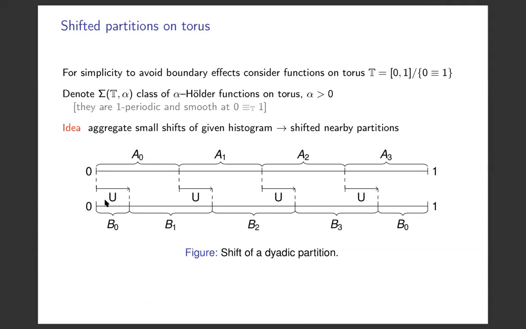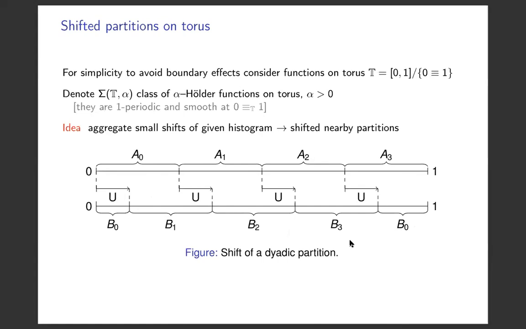Then we'll use an idea that has actually already been used in practice for Polya trees, the idea of trying to shift the partition. So if you shift this dyadic partition, say here up to depth 2, just on 4 bins, by a random number u, or by a fixed number u, then you get the shifted partition, which kind of loops around on the other side, right?